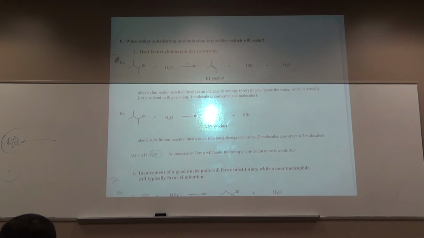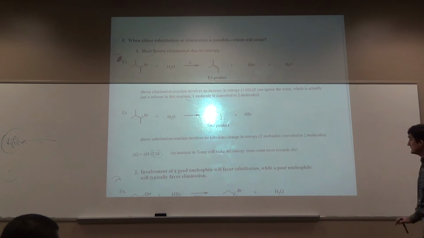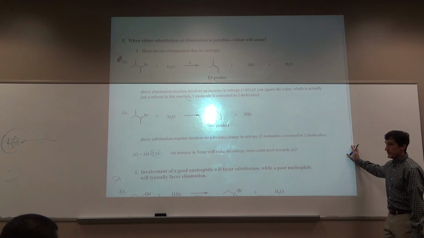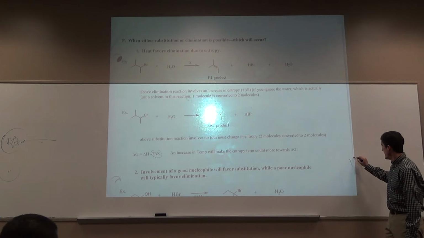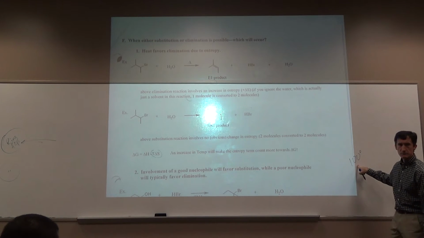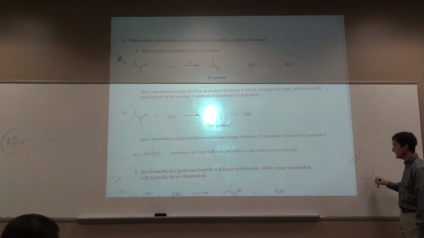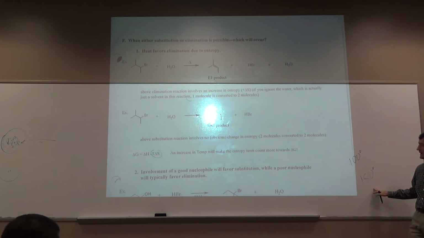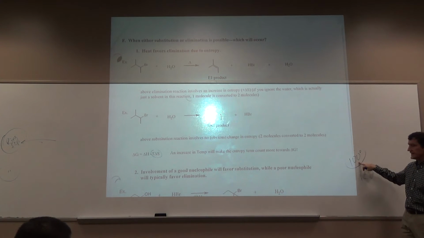There's lots of reactions out there. Now you've got to be careful because you say, well, heat. I know there's a certain reaction out there with alcohols. You do it at 100 degrees, it gives a substitution product. You do it at 180, it gives an elimination product. And I see students say, well, but that's heat. Yeah, but it isn't as much heat as that.